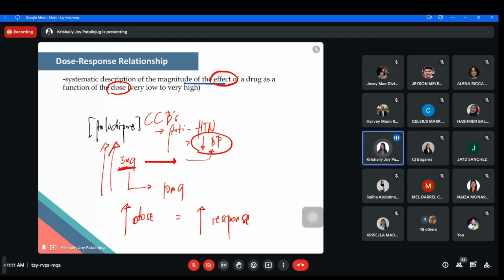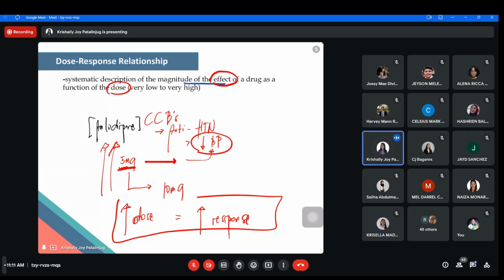Okay? But of course, there are certain cases also na upon increasing the dose, it will bring about some adverse effects. Okay? Or upon increasing the dose, maybe the effect of the drug is not achieved at all. Okay? Pero ito, general ito. Generally speaking, hindi ko naman sinabing lahat talaga, yung most lang, mostly, yung general concept when it comes to dose at saka response, directly proportional talaga yan.